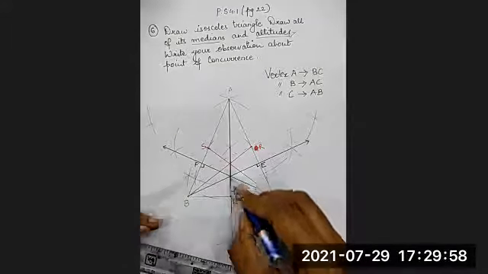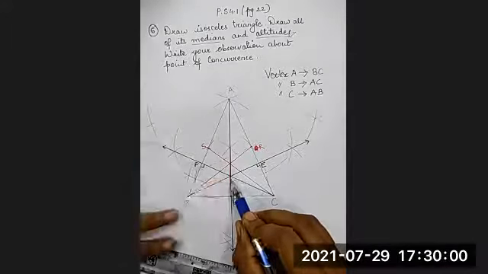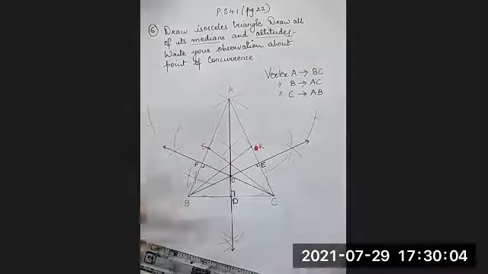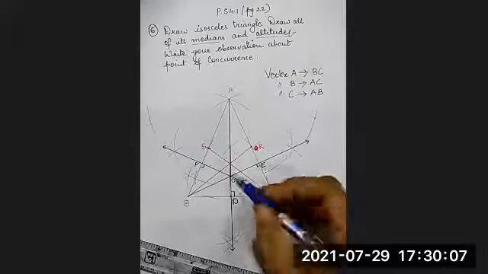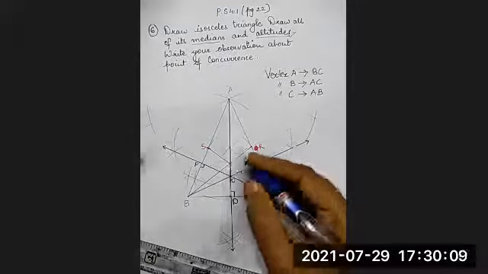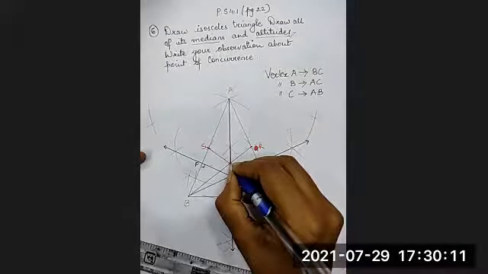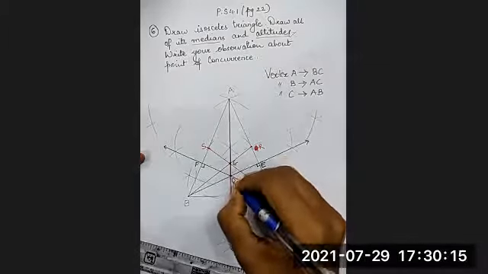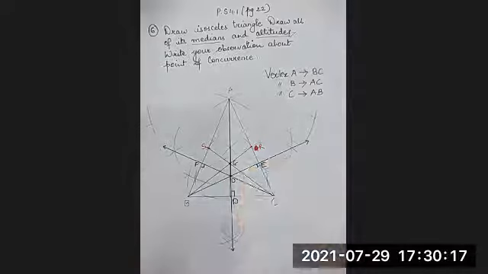Now the point where all the altitudes, the black color lines, are meeting is your orthocenter O. And the point where all the red color lines, the medians, are meeting is called your centroid G. So you have O, you have G. What is your observation regarding this?